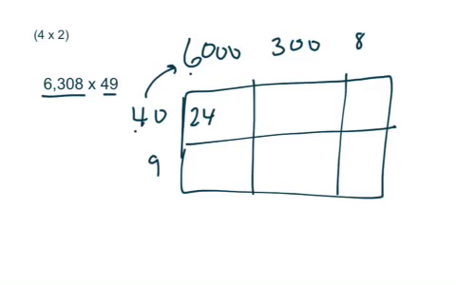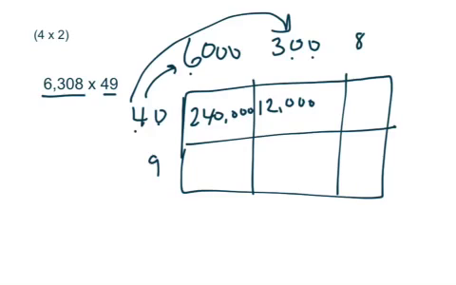And now we need to add 4 zeros. So we're going to get 240,000. 40 times 300, or 4 times 3 is 12, and then 3 zeros. Get 12,000. 4 times 8 is 32, and then add the 0 from the 40.